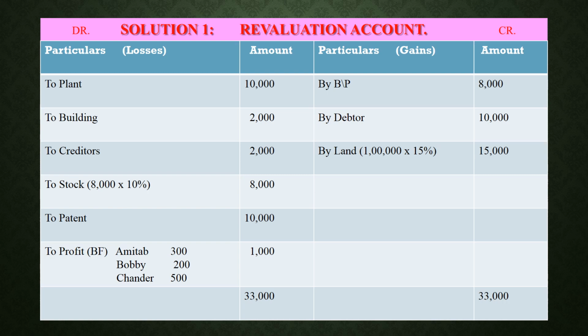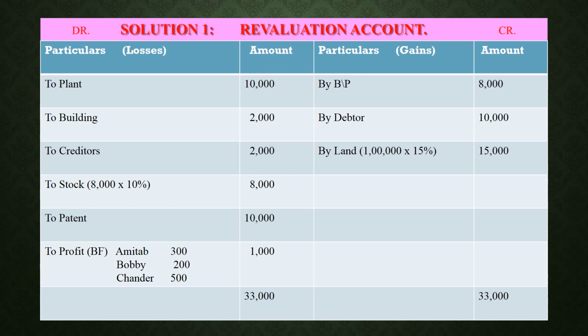Our adjustment number one is plant and machinery valued at rupees 1,90,000, whereas the balance sheet value, book value is rupees 2 lakh. Therefore, asset is decreasing. When assets decrease, we show it on the debit side.